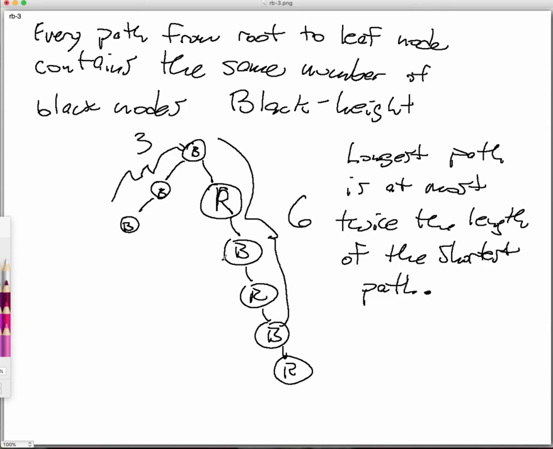So the point to realize here is that red-black trees aren't necessarily balanced, but they don't get very much out of balance. This is the absolute worst case that you could have, would be a situation like this.